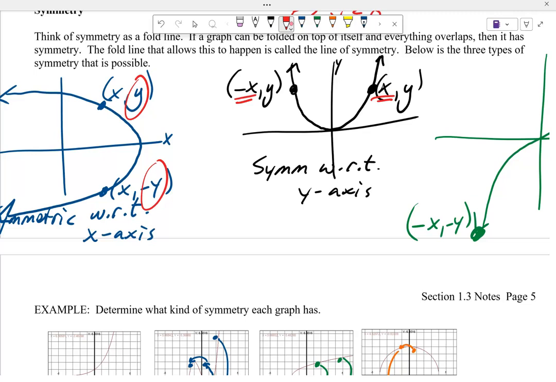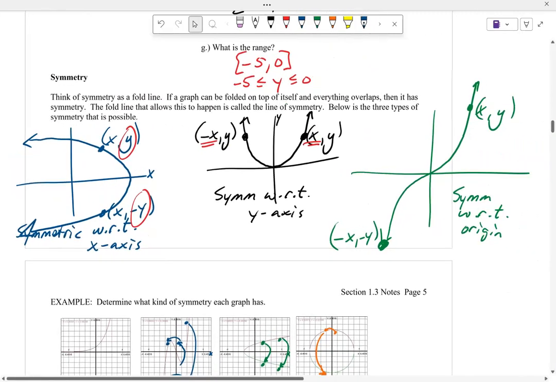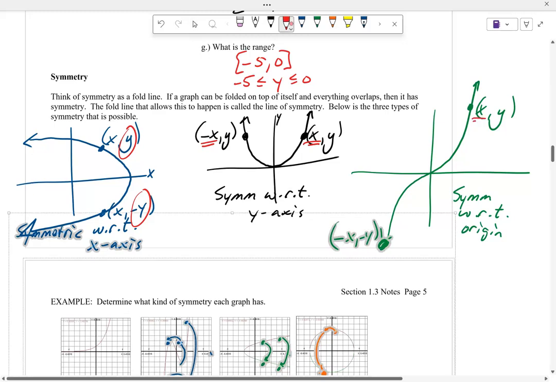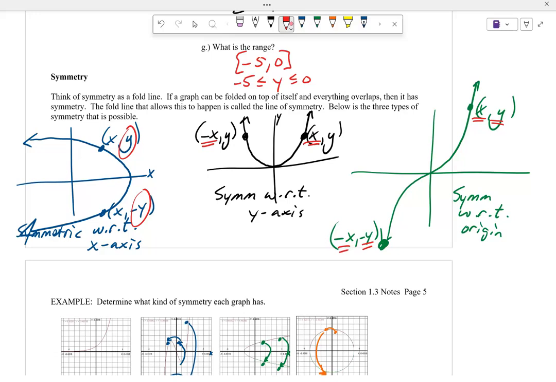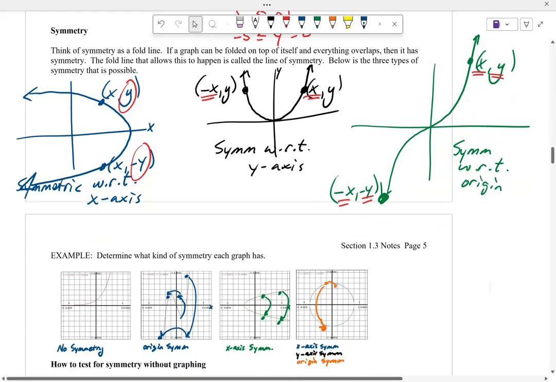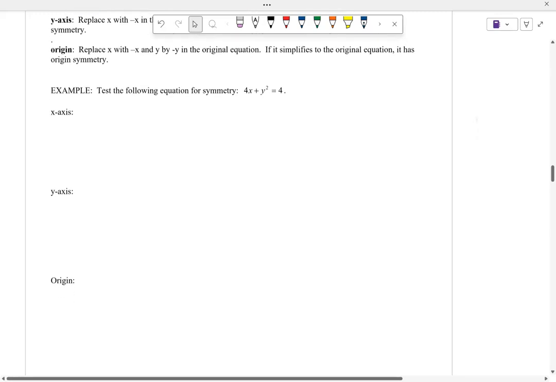You see if you get the same thing. And finally, to test if it's symmetric with respect to the origin, you take the x, replace it with negative x, you take the y, replace it with negative y, and if it simplifies to the same thing, then you know you are symmetric with respect to the origin. Okay? So let's do some examples here.